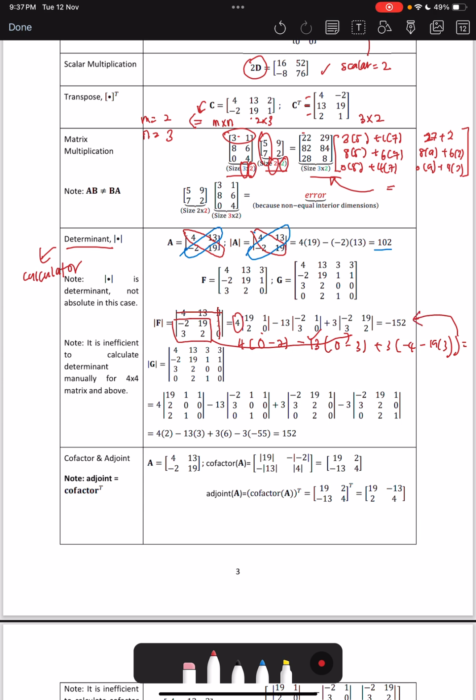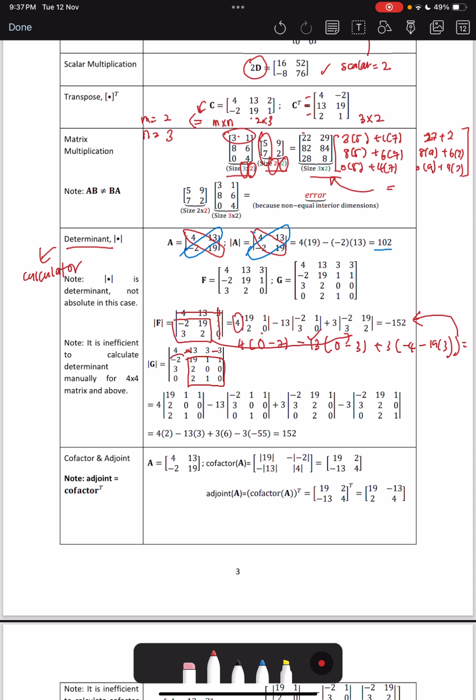Similarly, if you have a bigger matrix, like this one which is 4 times 4, the notation is the same: 4 here, and then you leave it with this one. This one becomes negative.